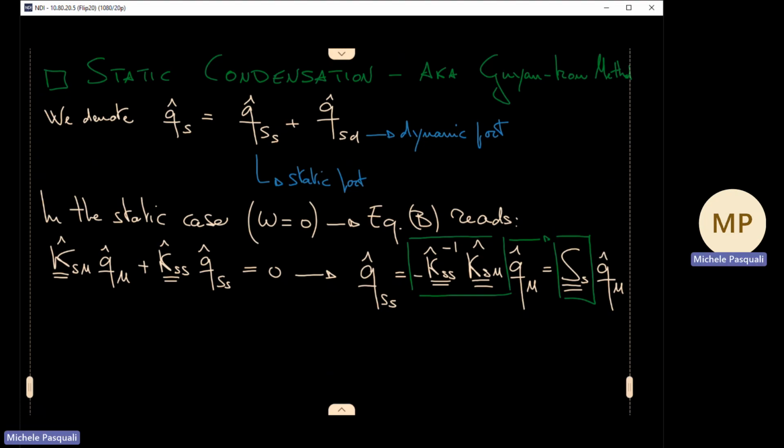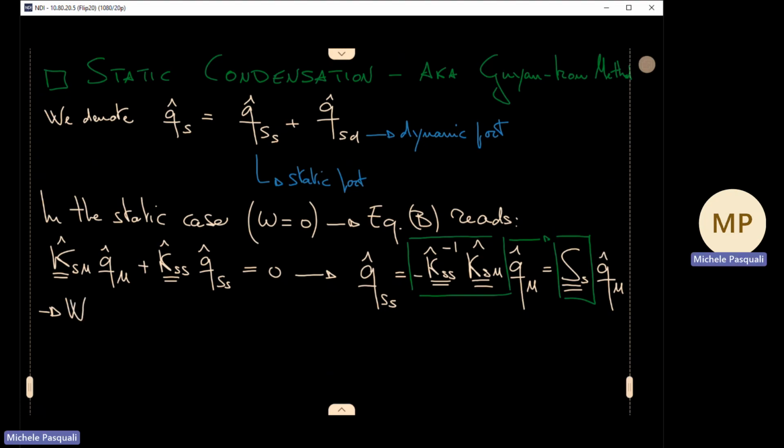Now, what we do is we rewrite equation B when omega is not 0, so in the general case, using this matrix S. Okay?